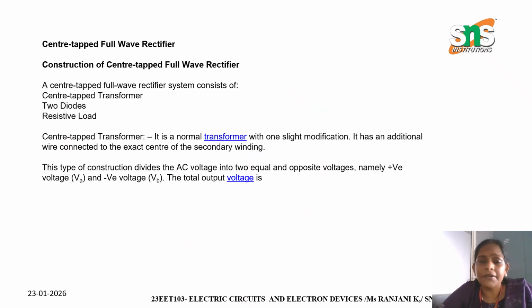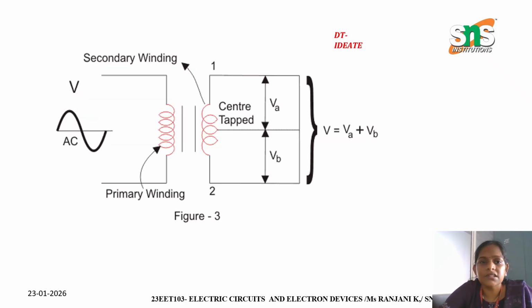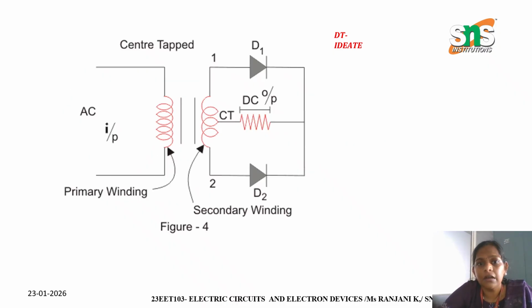The center tap transformer is a normal transformer with one slight modification: an additional wire is connected to the center of the secondary winding, which is grounded. So the AC voltage is split into two equal voltages, VA and VB. The voltage we get is V equal to VA plus VB.